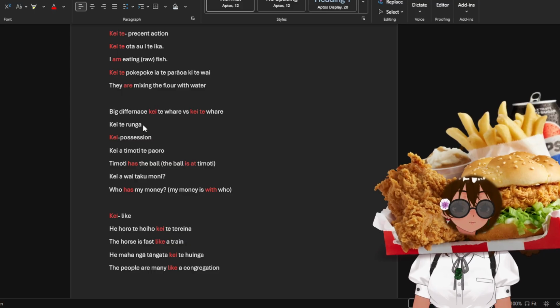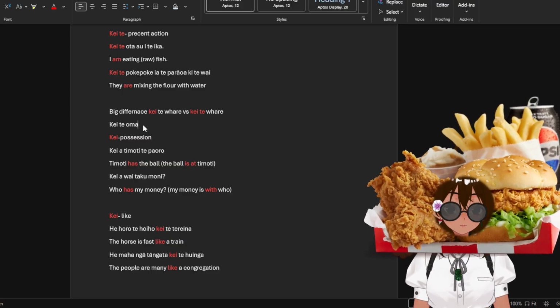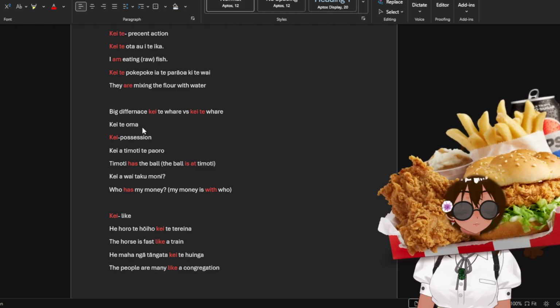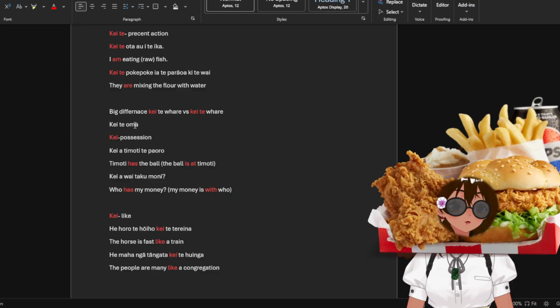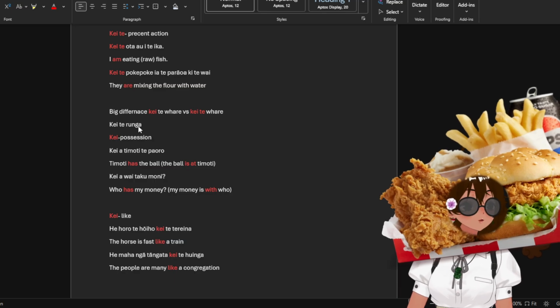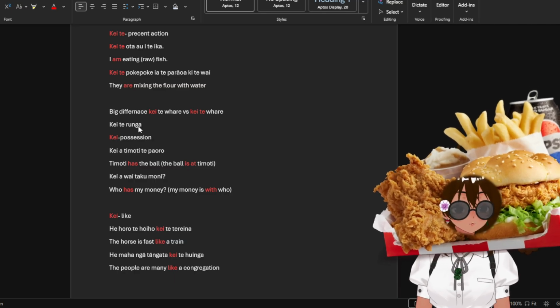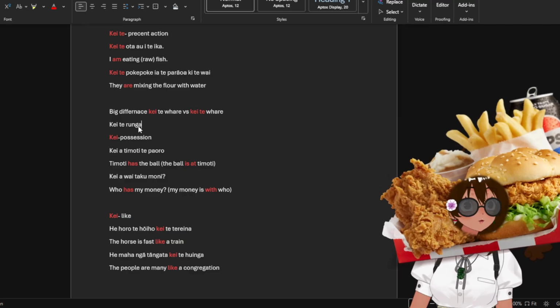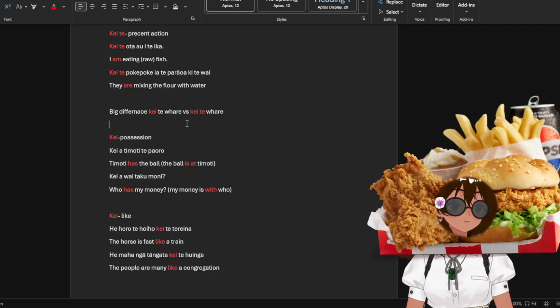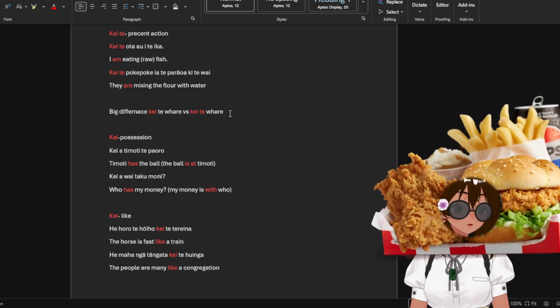But then kei te oma would be, it's running, because oma is normally an action, whereas runga is a location. And that's basically how you can tell the difference. If it's a location or a noun, it's very likely a locative sentence, but if it's a verb, it is more likely to be an action sentence.